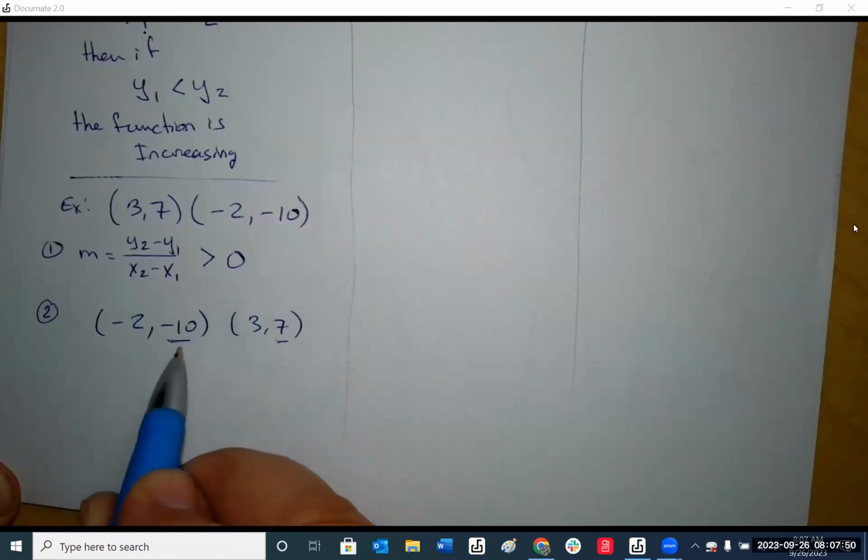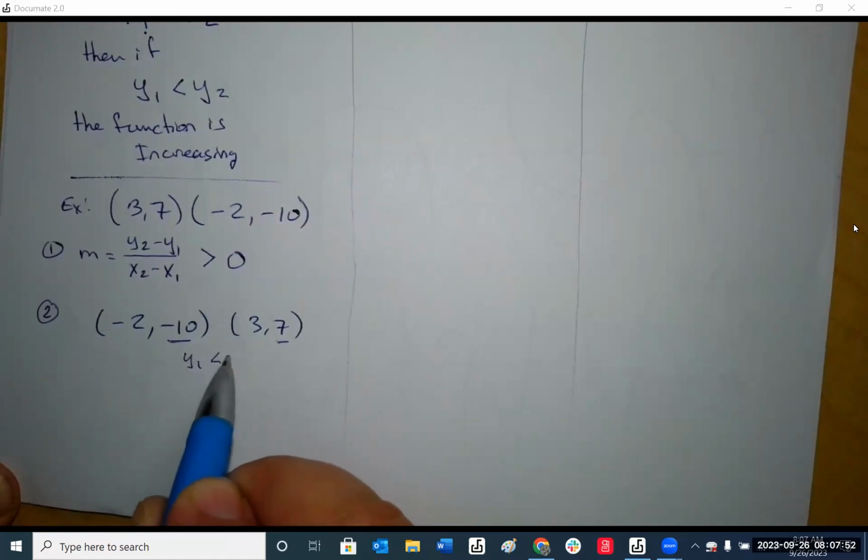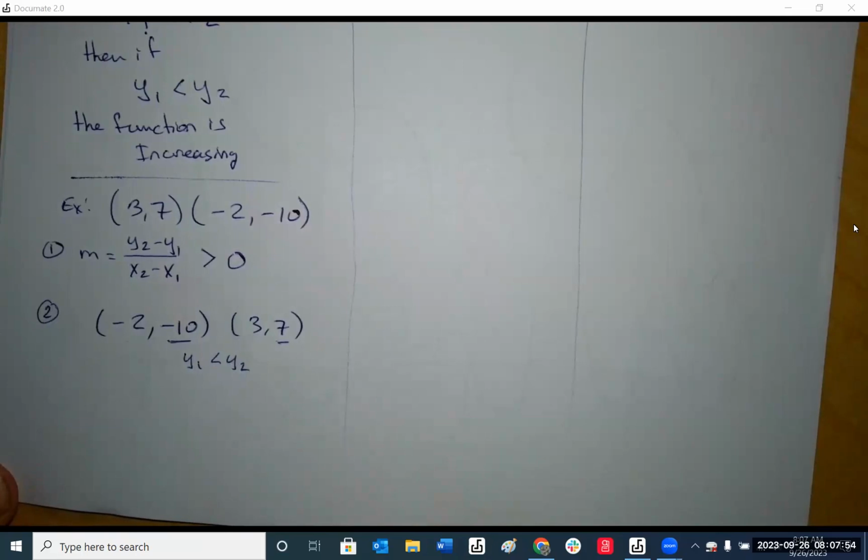Is y1 less than y2? Yeah. So because of that, we know that these 2 points are on a line that's increasing. The second method requires no math skills. Just rearrange them and compare.